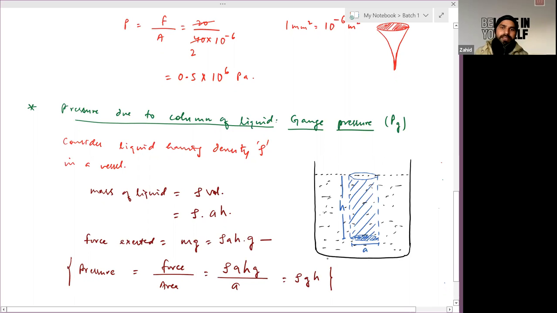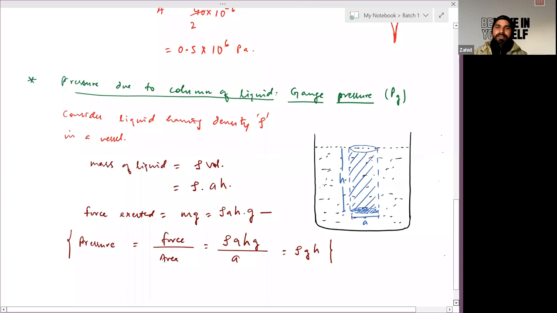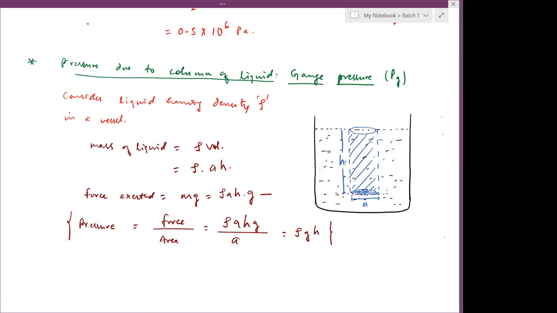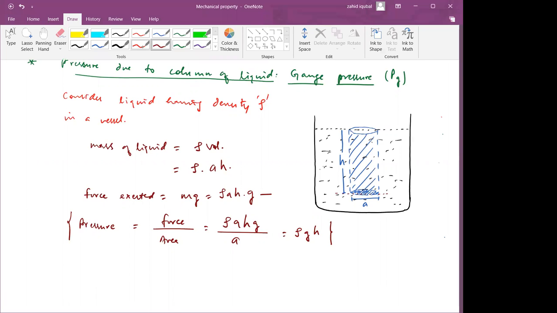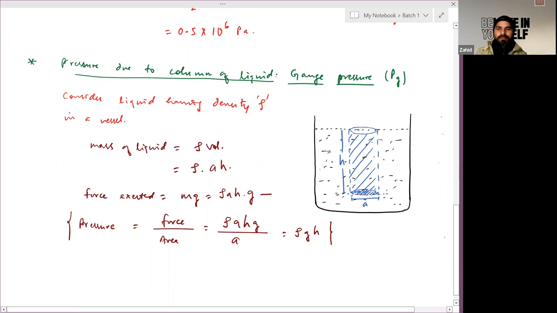It means this column of liquid would be accelerating downward due to gravity, due to which it must be generating some pressure at this portion. Is it clear? Yes, sir. Hiba, any doubt? No, sir.